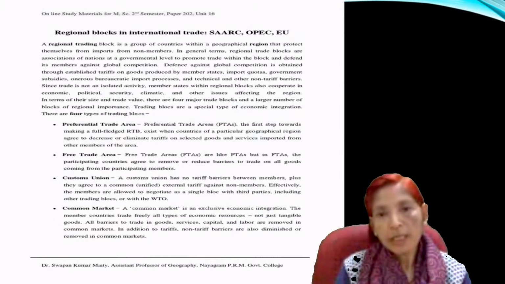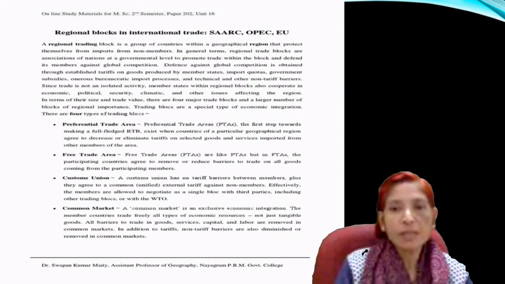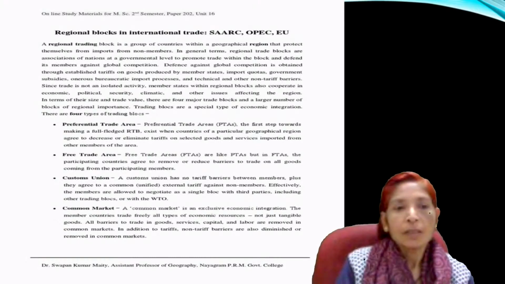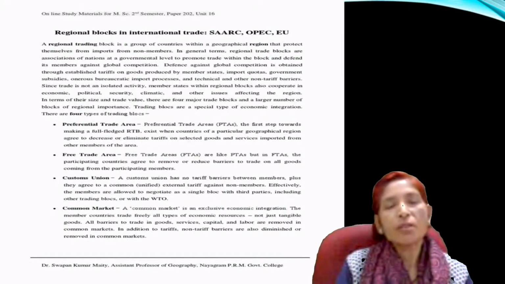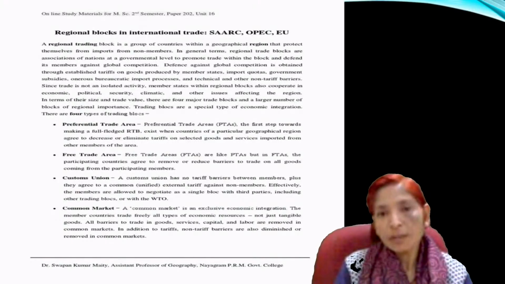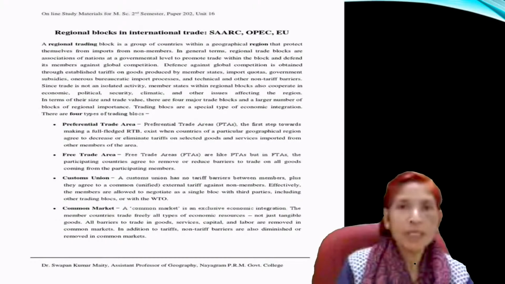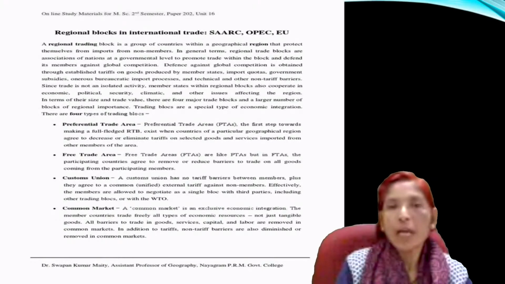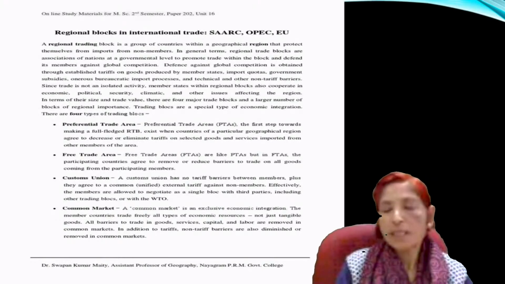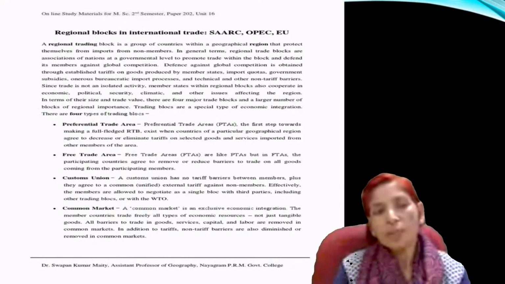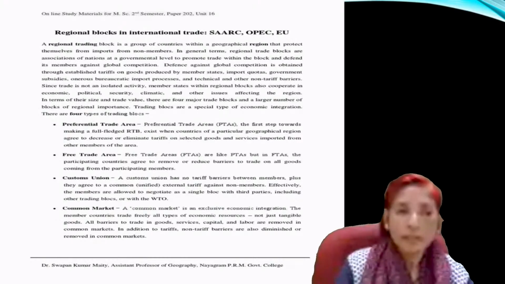This PTA, preferential trade area, is the first main step towards making a full-fledged RTB, regional trading bloc. It exists when countries of a particular geographical region agree to decrease or eliminate tariffs on selected goods and services imported from other members of the area.